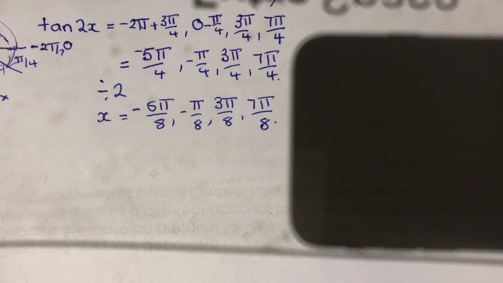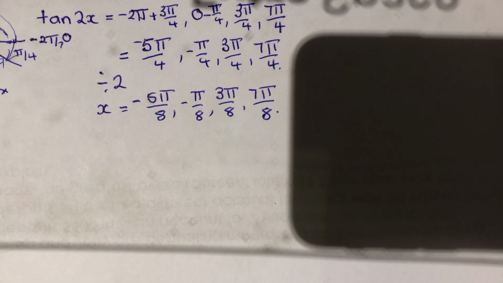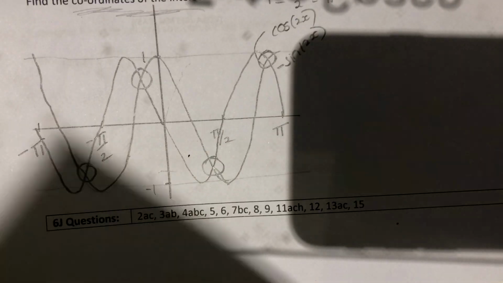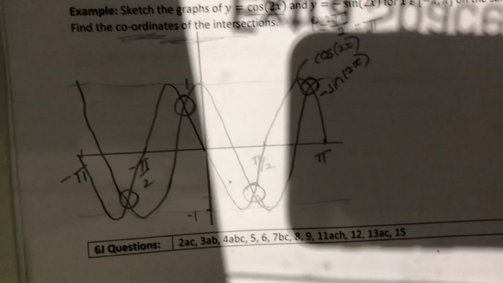Now, what you want to do is go and have a look at your graph and see if these actually make sense. Do they look like they can be where your graph is? So I'm going to put my graph back onto the screen, and I'm going to explain what I mean.